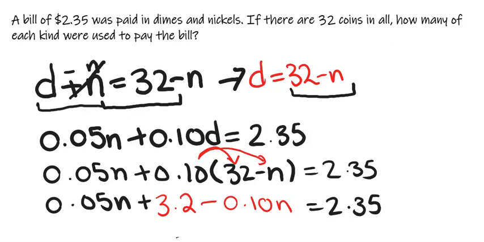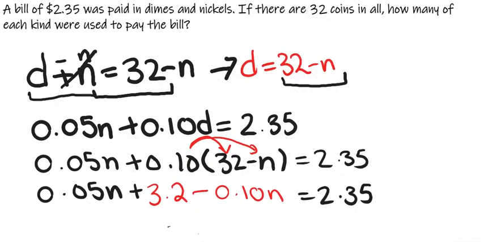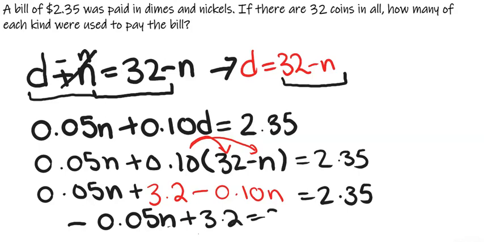So we're going to subtract them, and it'll give us negative 0.05 N. Now I'm just going to add 3.2 over here, which is equal to 3.5.